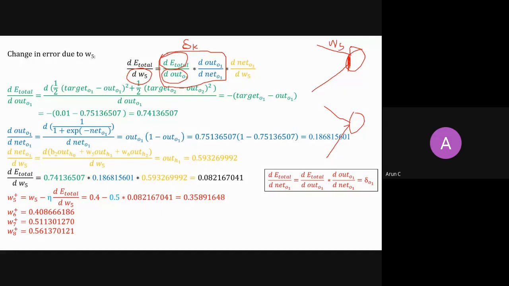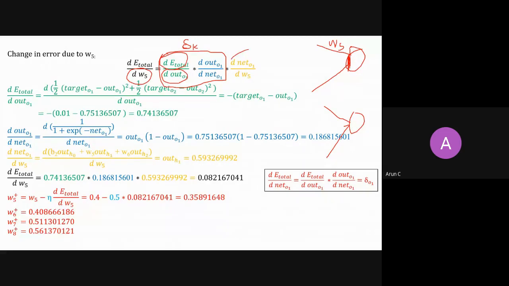Because I said that in Bishop the derivative of error is with respect to AK. So if you further decompose your derivative with respect to AK, it is nothing. Very nice. To take a derivative of error with output and then output with the input, it is nothing but the derivative of error with respect to input, which is AK.